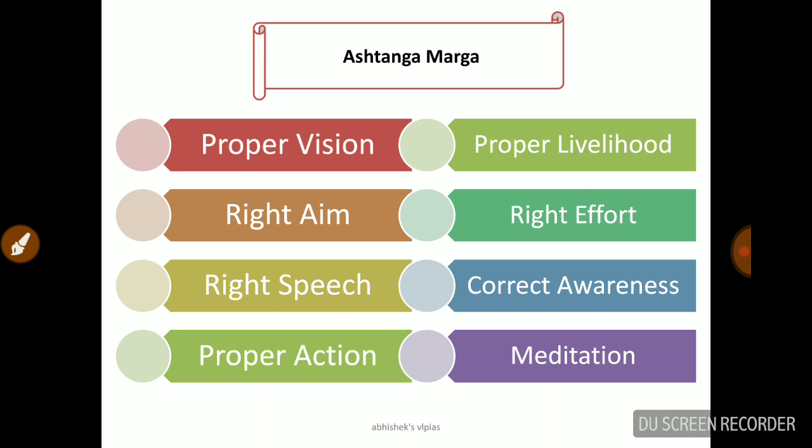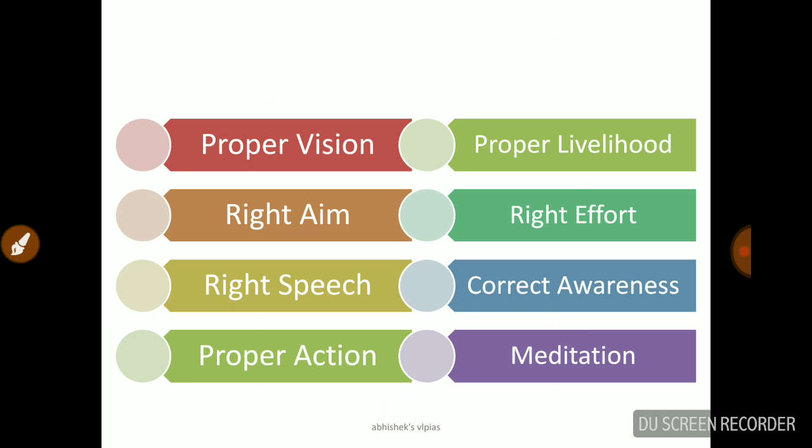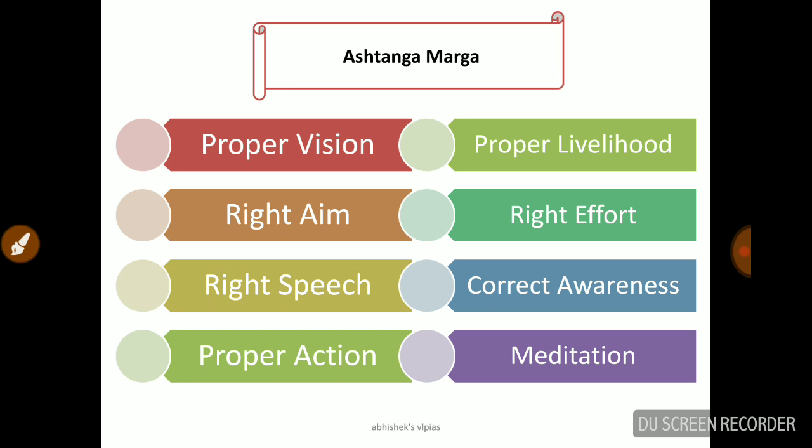You need to have a proper vision. You definitely need a right aim. You need right speech, proper action, proper livelihood, right effort, correct awareness, and meditation. So these 8 points we call Ashtanga Marga.